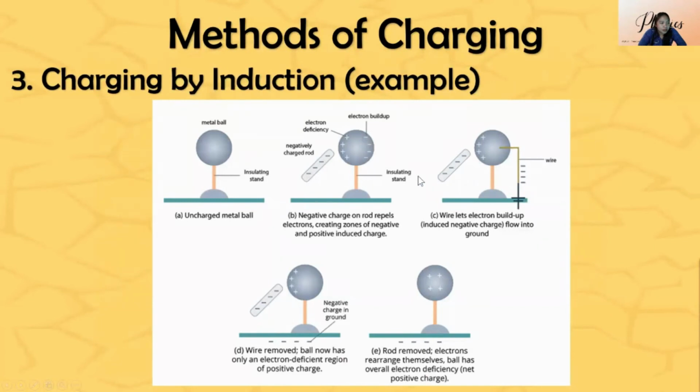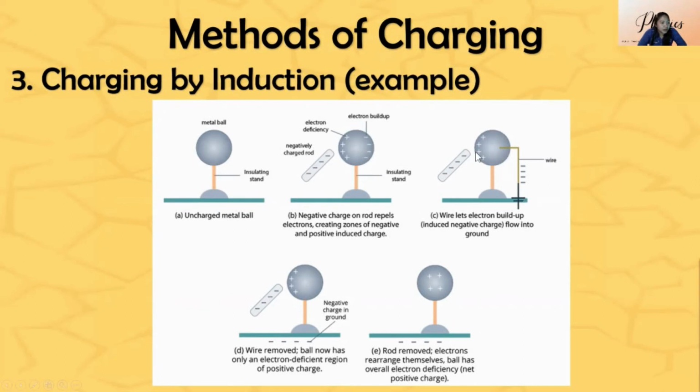Now, when we connect a wire to the metal ball, the electrons will go downward and flow to the ground, leaving the metal ball more positively charged than negatively charged.